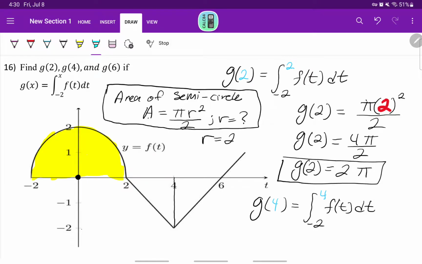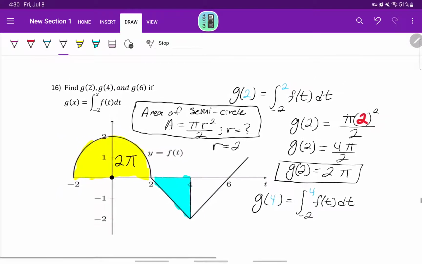But then we have to also find this area down here. We already know the yellow area, it's 2 pi. So we just have to find the blue triangle.